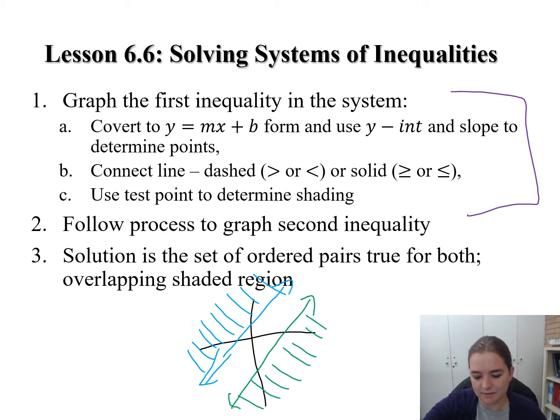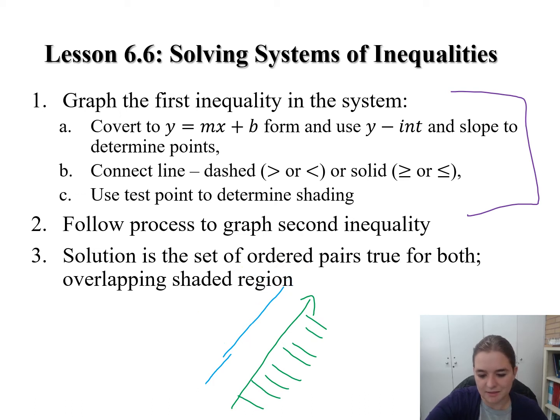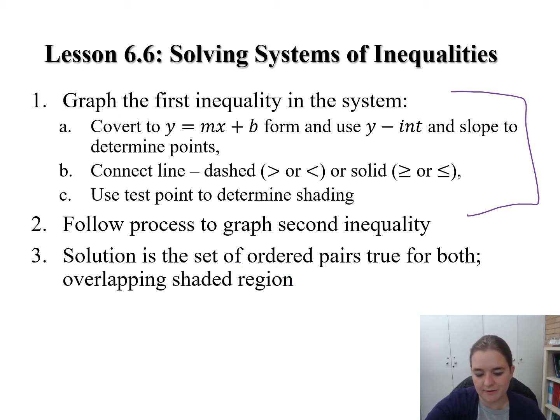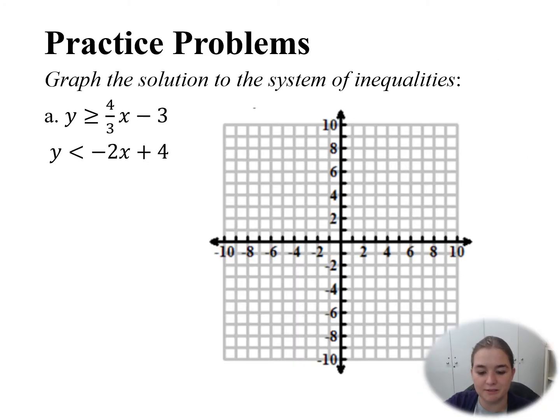This system would be said to have no solutions because there is no overlapping shaded region. So just a little side note there. Not something you need to know for sure, not a situation that would happen very often, but it could be that we have no solutions. The options for a system of inequalities would be infinitely many solutions or no solutions. It's not possible to have just one solution or overlapping shaded region.